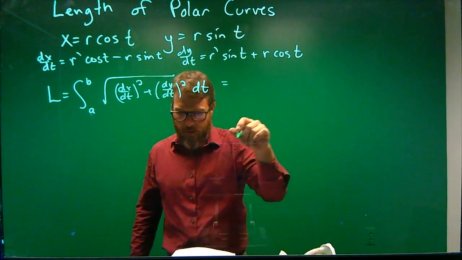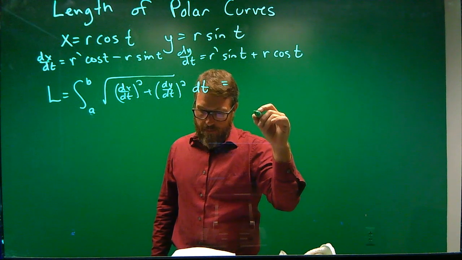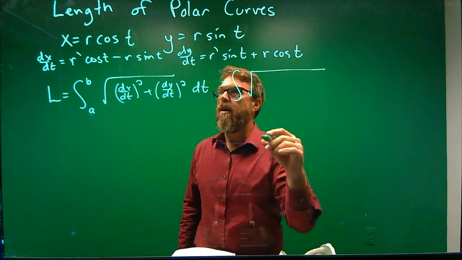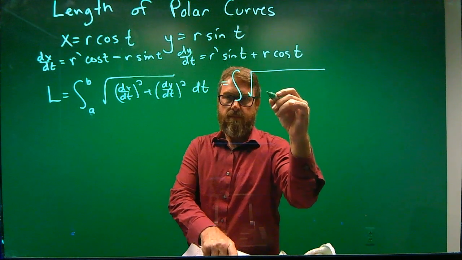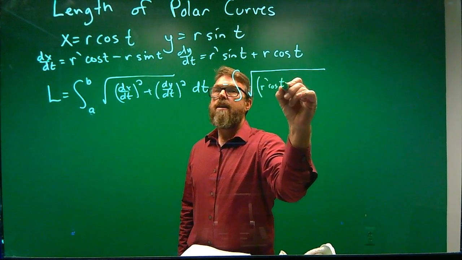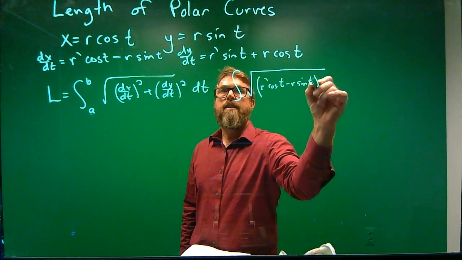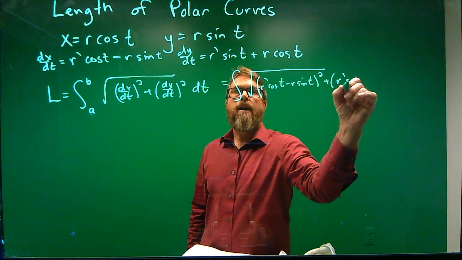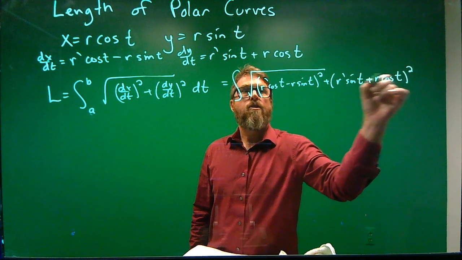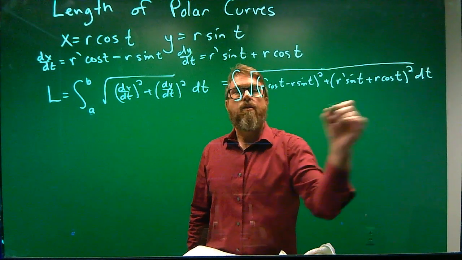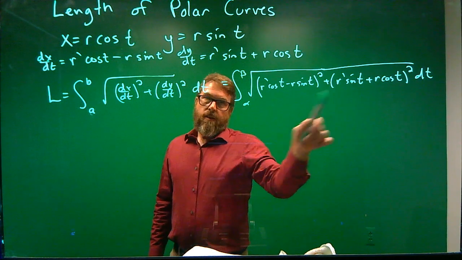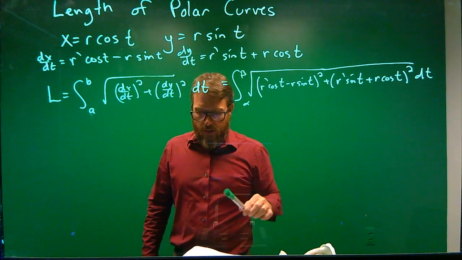So this is going to be the integral of the square root of r prime cosine of t minus r sine t, squared, plus r prime sine t plus r cosine of t, squared, dt. And we're going to go from alpha to beta. So now everything is a function of t, so we're using these limits of integration.